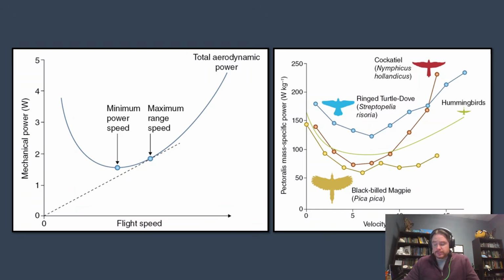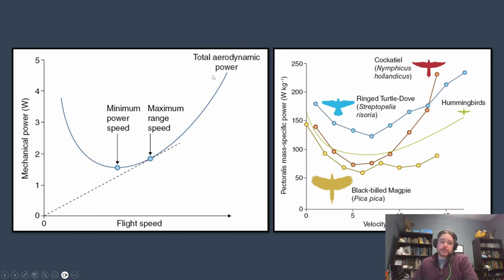And so let's take a look at this curve here. So this is the power consumption at various speeds. How much power do you have to consume to go various speeds? And it's interesting because it's an inverse parabola, so it's a U-shaped curve. In other words, at very, very slow speeds, there's a massive amount of power consumption to stay at that speed.